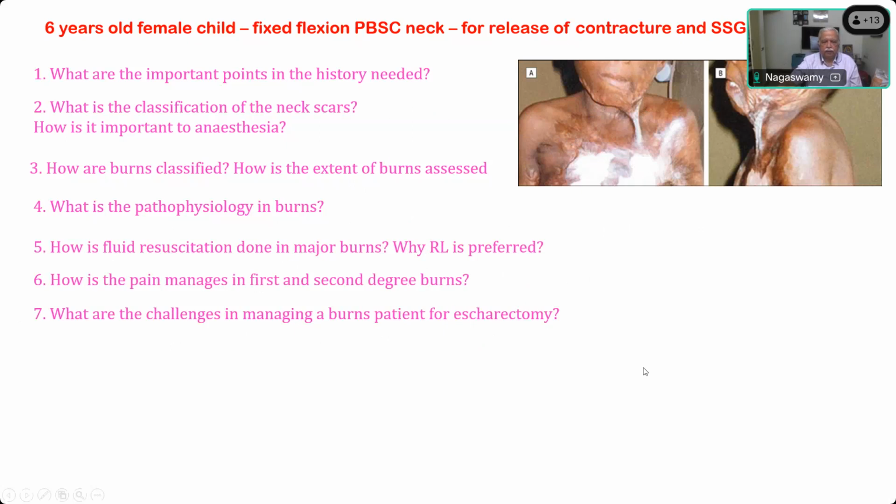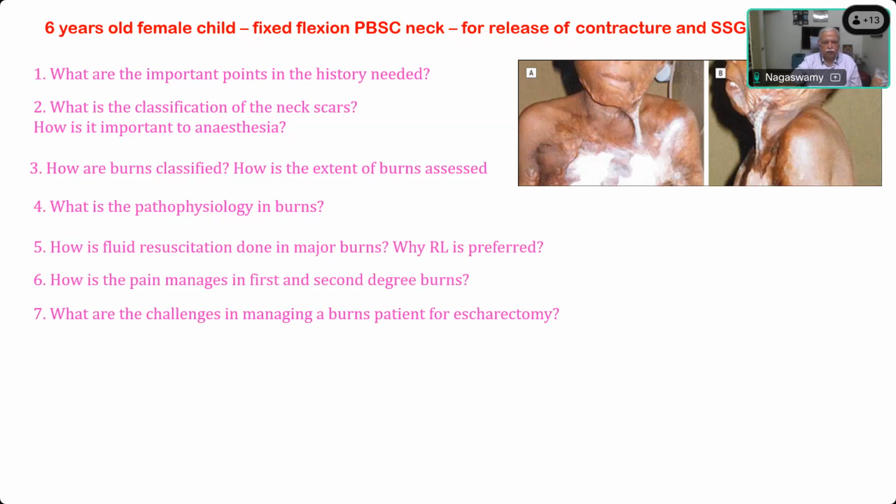It will not be a supple tissue to extend the neck and put your scope, and airway challenges will be there. And four, these patients will become hypothermic because you expose the patient, and the surgeon will be going on washing the wound with cold saline to stop the bleeding as well as to clear the dead tissues. So patients can become hypothermic.